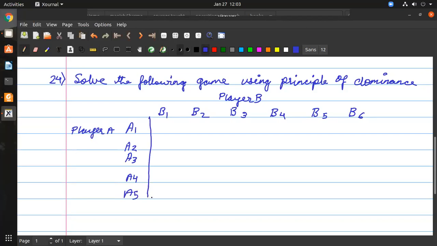What is the size of the matrix? Who will tell me the size of the matrix? 5 by 6, sir. 5 by 6, correct.